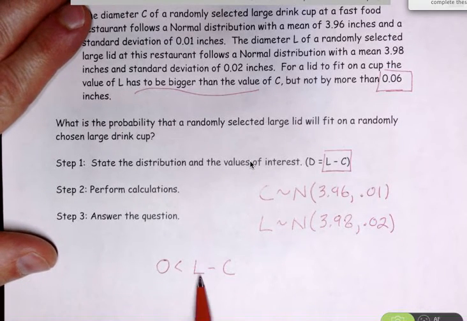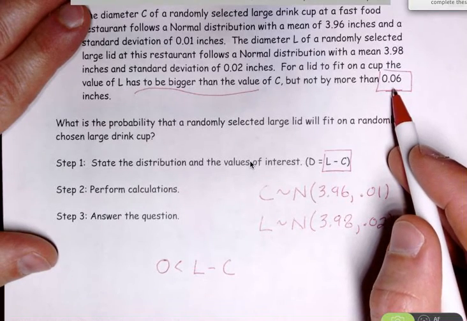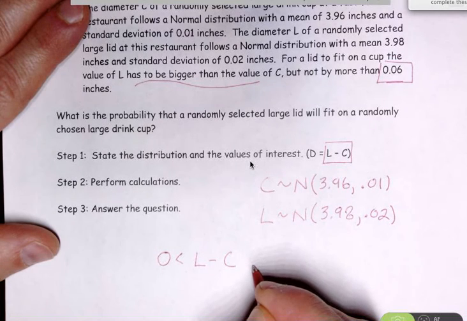I want L to be bigger than C, that's true, so I want this difference to be positive, but I don't want that difference to exceed 0.06. So on the high side, I have 0.06.